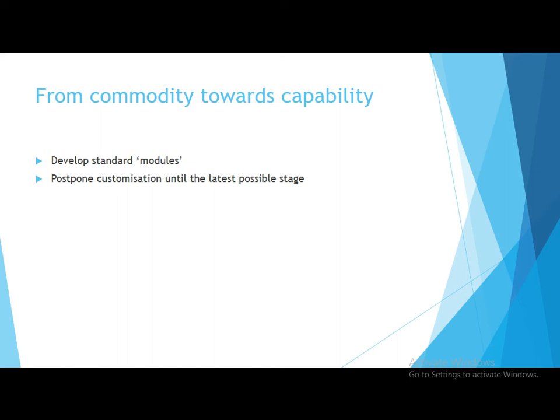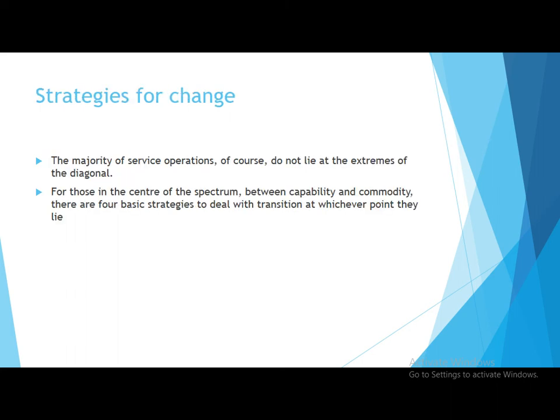This allows the service operations to gain all the efficiency and consistency benefits of a high volume or low variety process. Courier services are adopting this type of approach by using their basic distribution networks for all customers, but using different mechanisms to deliver the package to its final destination.